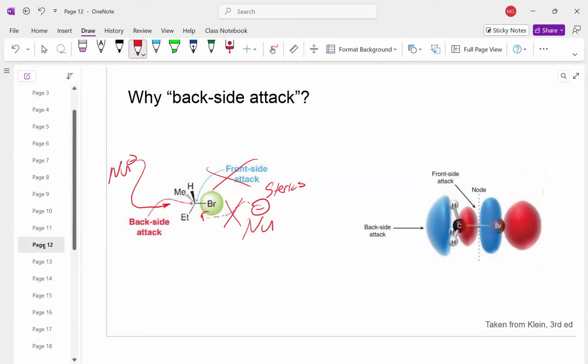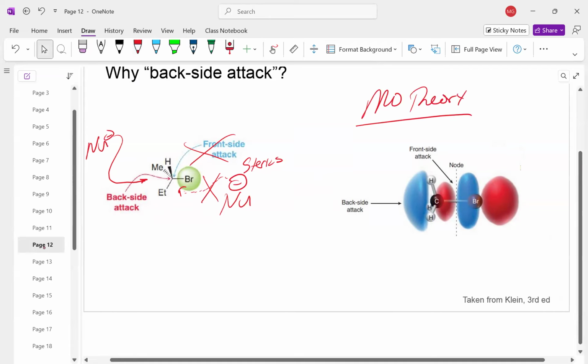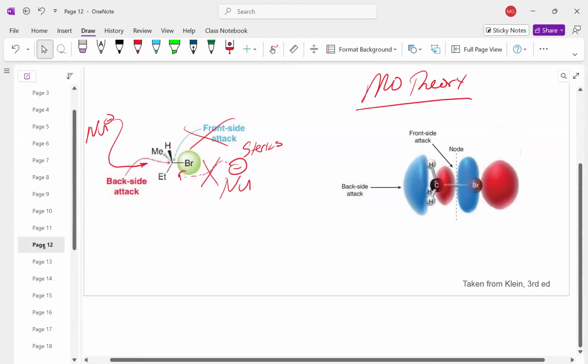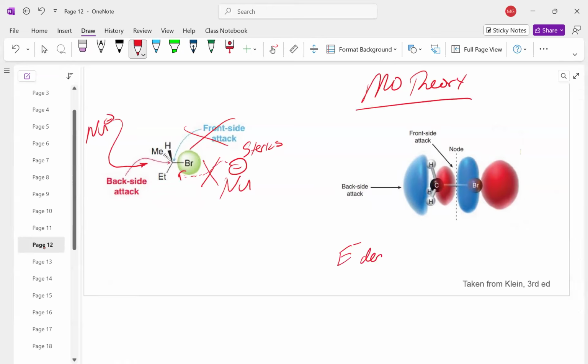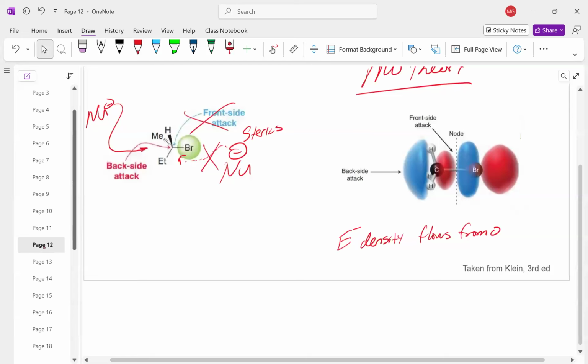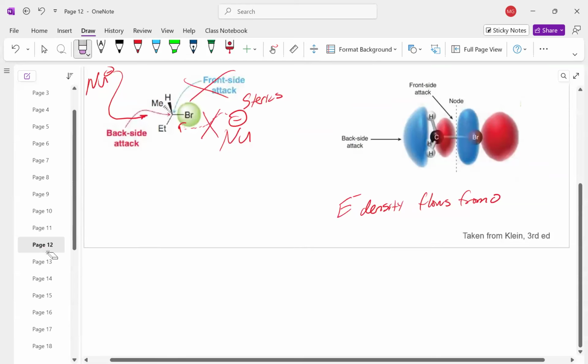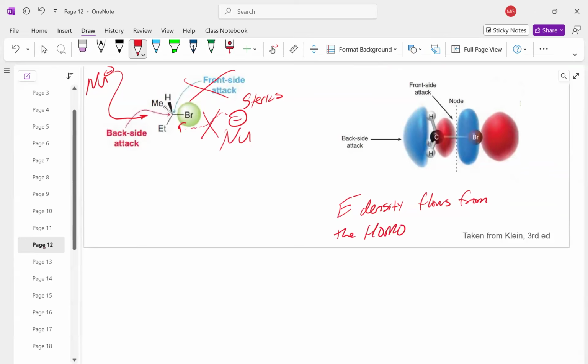Now, the better explanation is to use molecular orbital theory. So in a reaction involving a nucleophile and an electrophile, the electron density, according to molecular orbital theory, flows from the highest occupied molecular orbital.